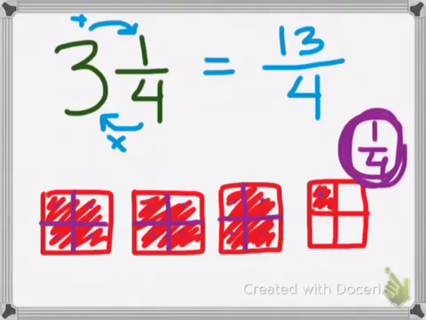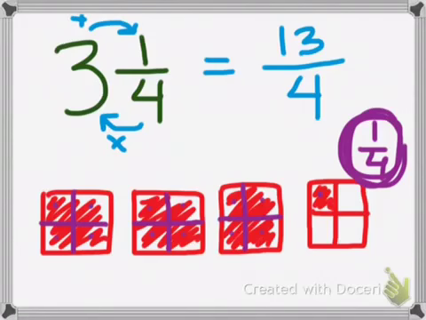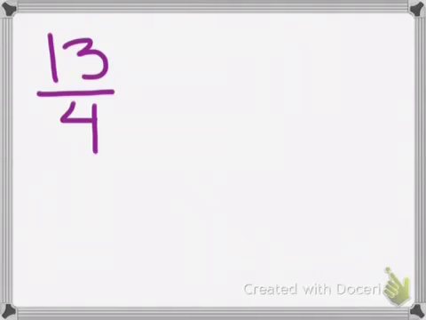Alright, now let's talk about if I were to start with the improper fraction. So if I started with 13/4 and I wanted to change that into a mixed number. Okay, thinking back to that same picture here, if I have 13 1/4, I can also think about that as dividing 13 divided by 4.